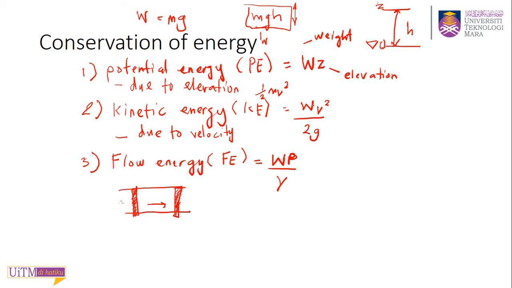Alright, so all this energy, the unit is joule. So in any system, in fluid flow, the total energy, we call it E total, is equal to the summation of these three energies.